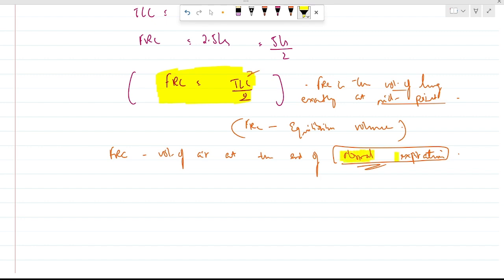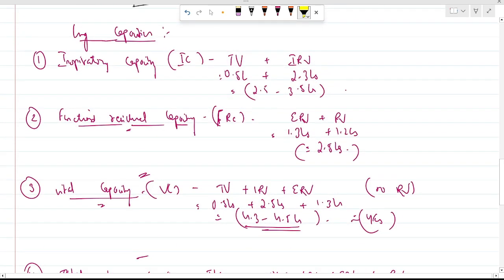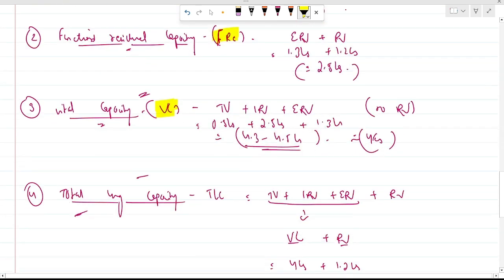At the end of normal expiration is FRC, which is our midpoint or equilibrium volume. That's why this discussion is important. So we have seen four capacities: inspiratory capacity IC, functional residual capacity FRC, vital capacity, and finally total lung capacity.